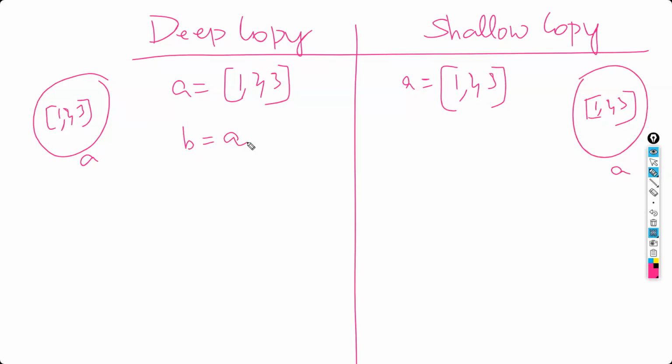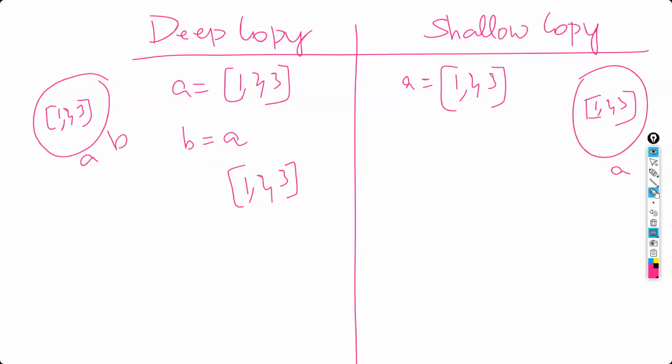List of 1, 2, 3. So it is going to take the same values 1, 2, 3, and it will store them to B with the same object. Means for the same object, one more name was given. When you write B is equal to A, both are indicating the same object.